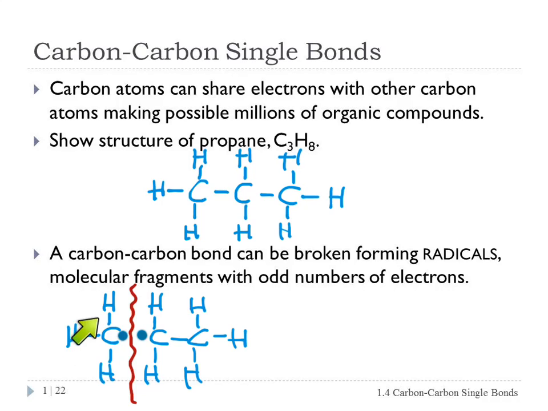So this fragment here is called a radical. Radicals are molecular fragments that have odd numbers of electrons. So this carbon really only has 7 valence electrons in this structure, and this carbon only has 7 in this structure. Are these going to be stable? No. Radicals are not stable. They're going to react with other things to complete their octets. But that's what a radical is.